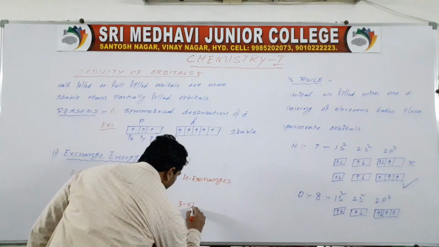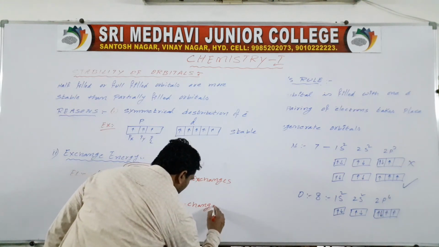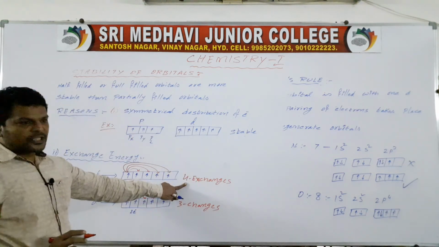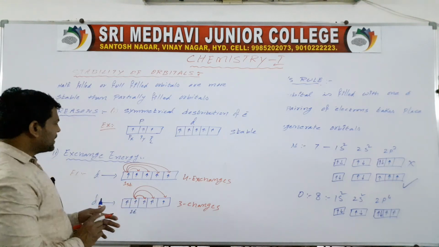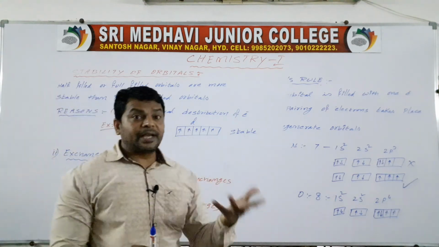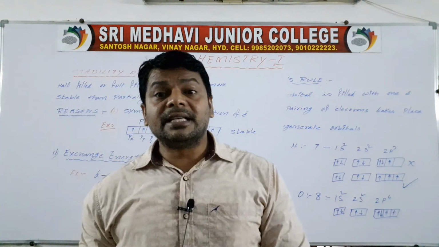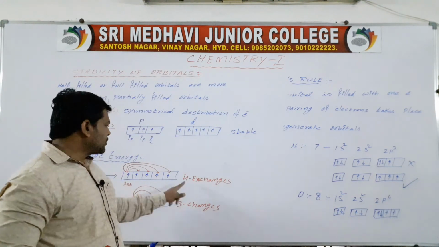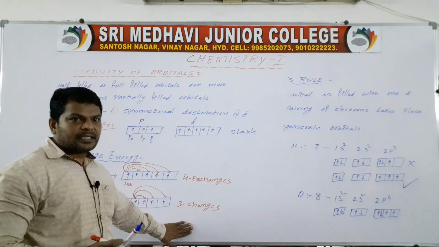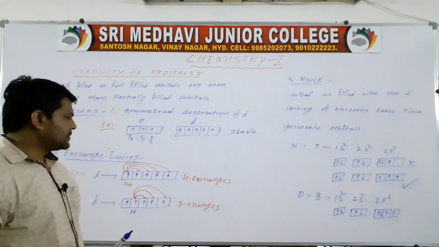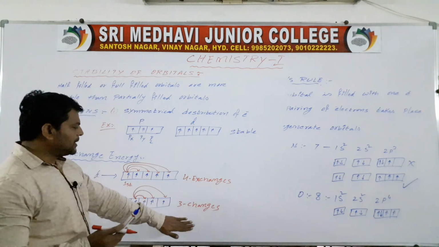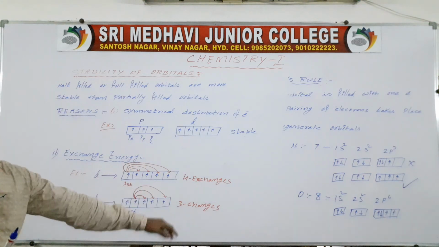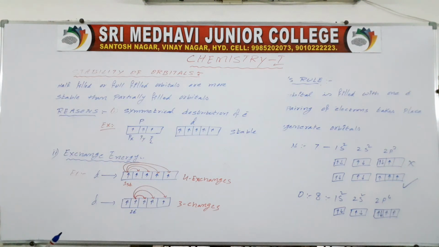Here it has 3 exchanges. It is more stable than this one. Why? Because here there are 4 exchanges, and in 4 exchanges the amount of energy released is more than in 3 exchanges. So it is more stable. This is exchange energy.